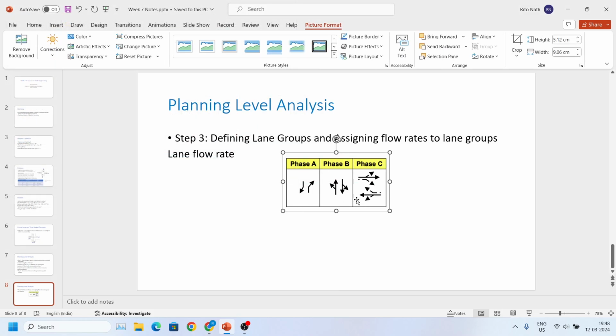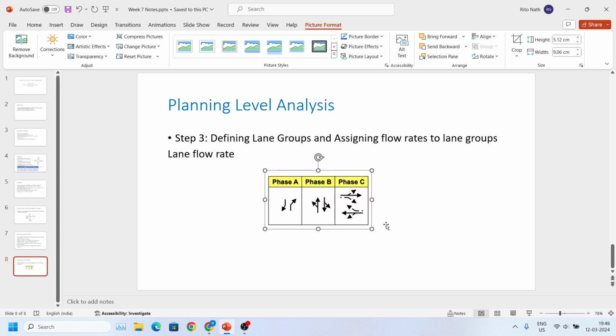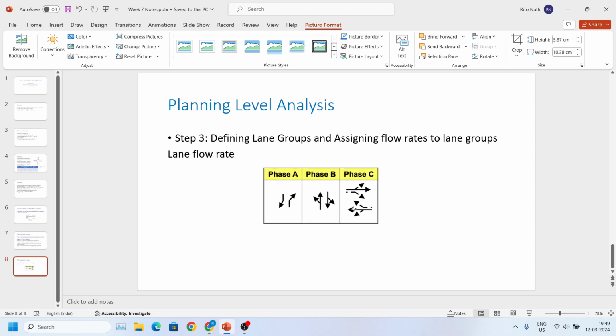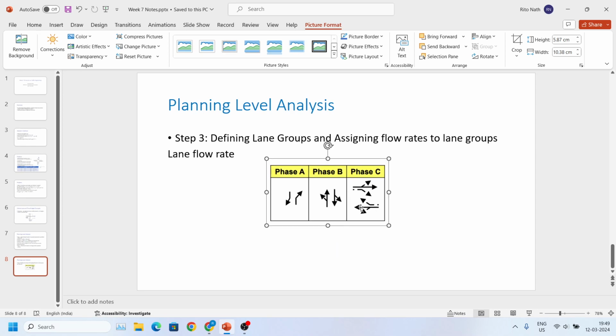So you have these three different phases here. In phase A, it's denoting this right turning. Then in phase B, you have this through and also this left turning, and in phase C, you have this as well, in the east-west direction.